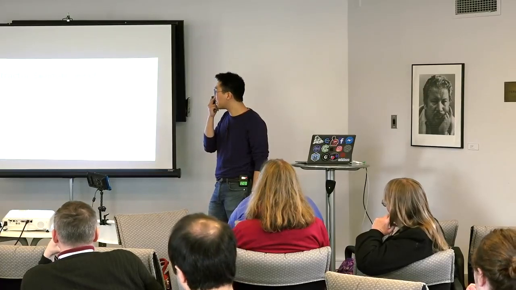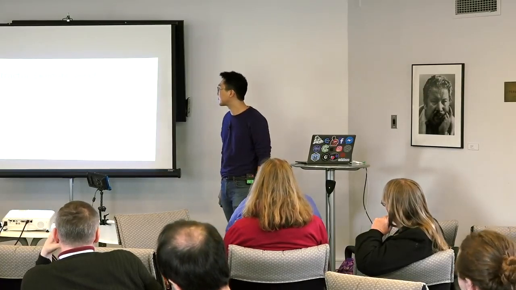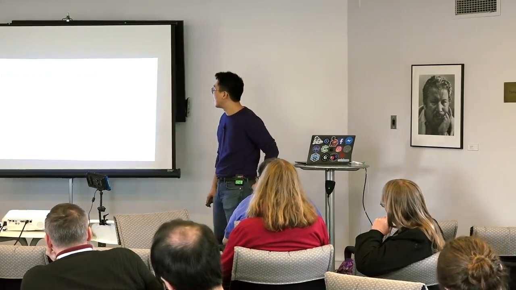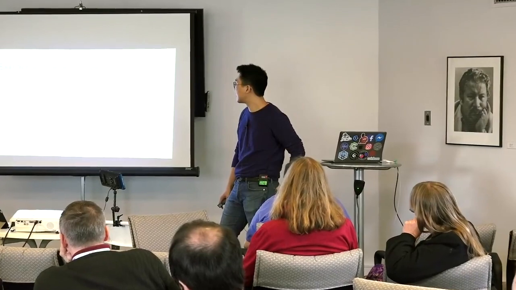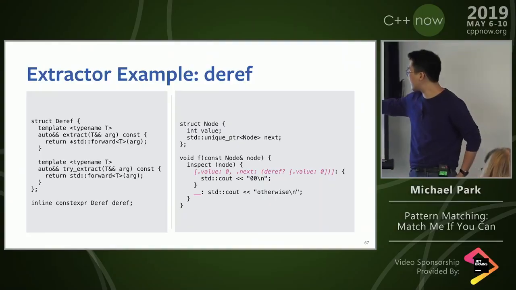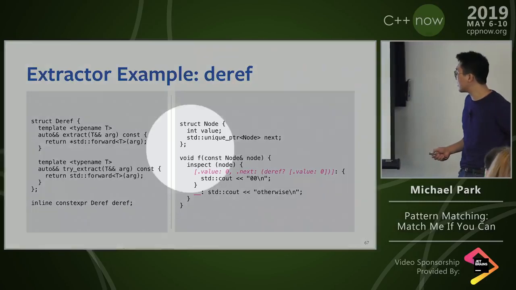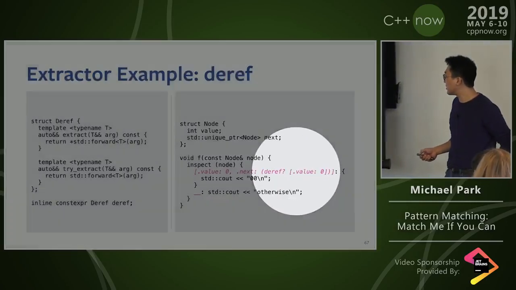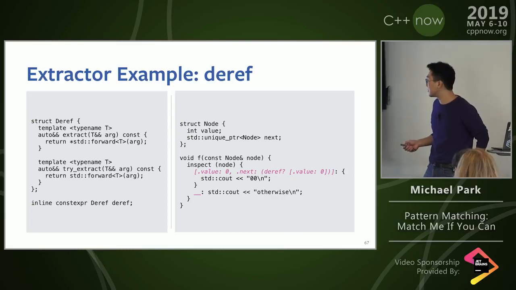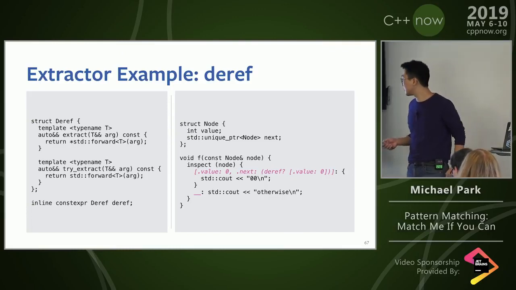Why, if you have match guards, do you need this contraption? So think about how this example would be written with matchers. You'd have dot zero, dot next.